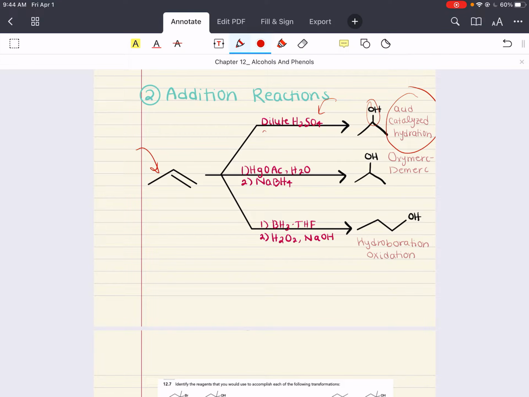That is usually the caveat with acid-catalyzed hydration. You have to be aware that sometimes carbocation rearrangement is possible, which usually means a mixture of products in the end, which might not be good if you're trying to prepare a particular product through a synthesis pathway. All right, so keep that in mind.